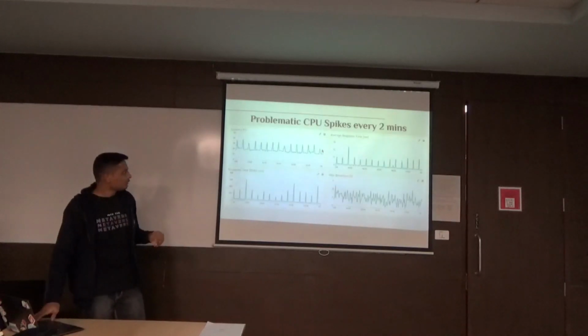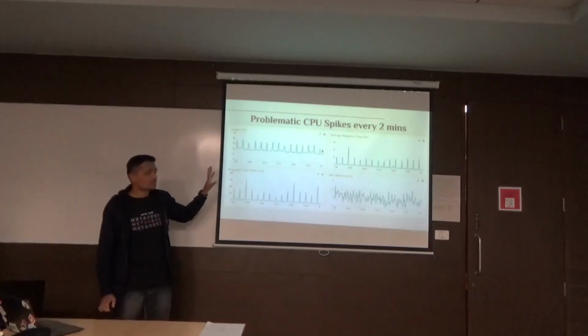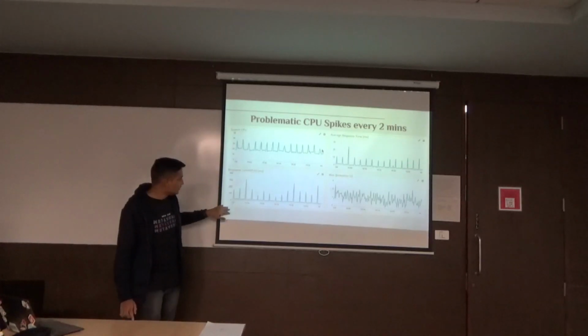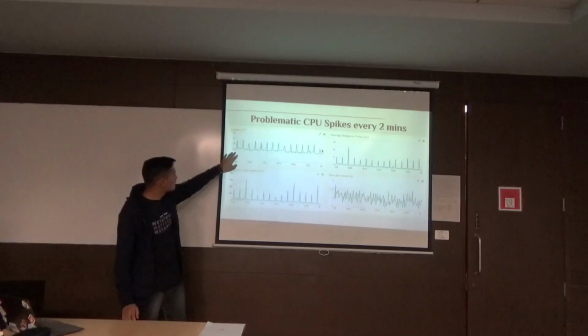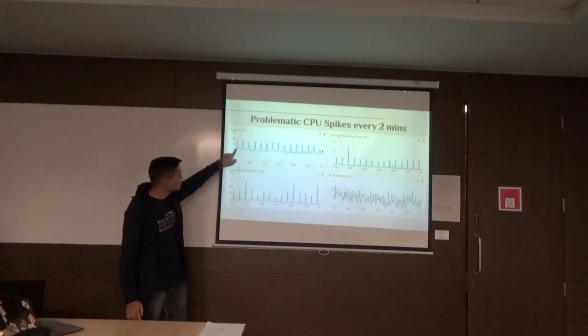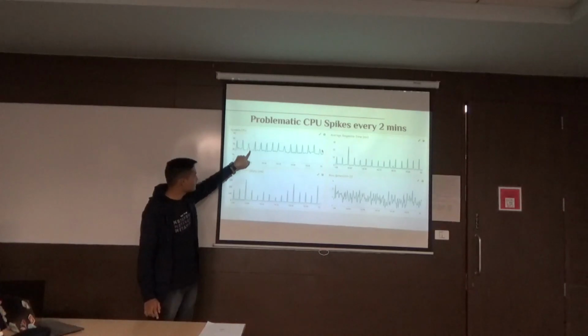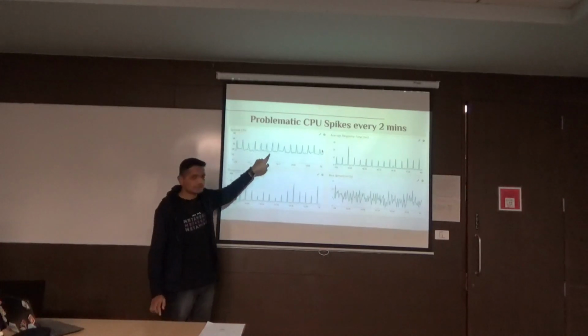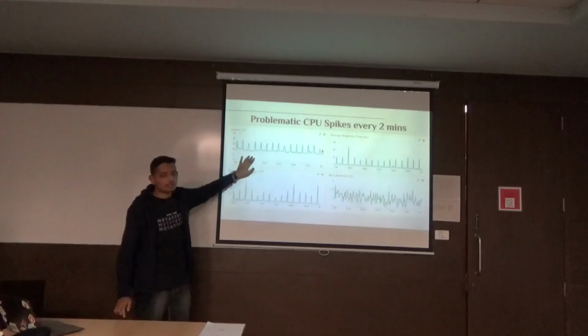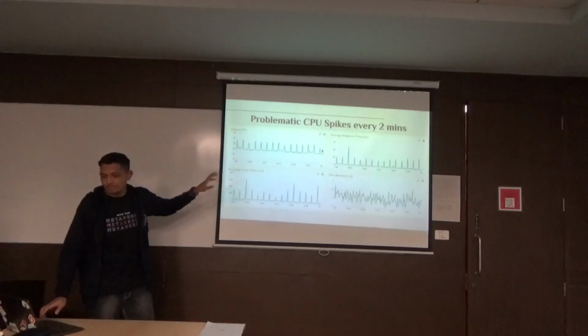What their team observed was problematic CPU spikes. If you can see these graphs, this is the system CPU usage, and you can see there are these spikes. The runs happen, then suddenly there is a spike. Then again the run happens, then suddenly a spike. They couldn't figure out why these spikes were happening every 2 minutes.